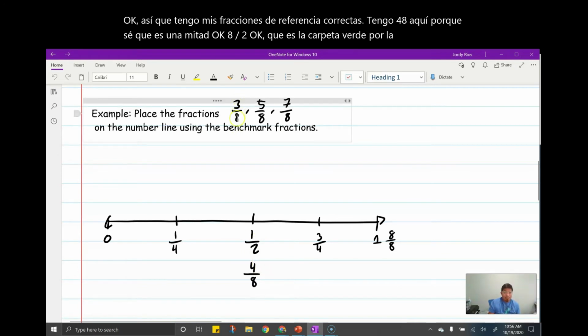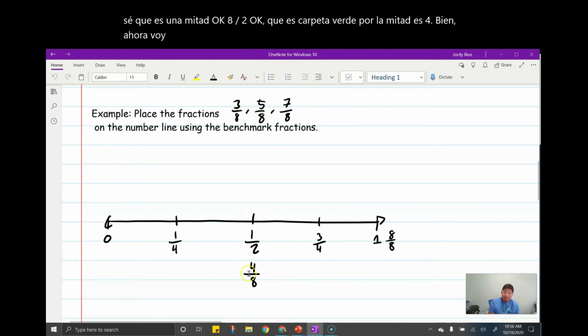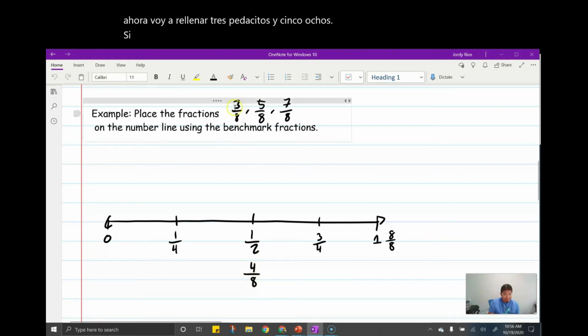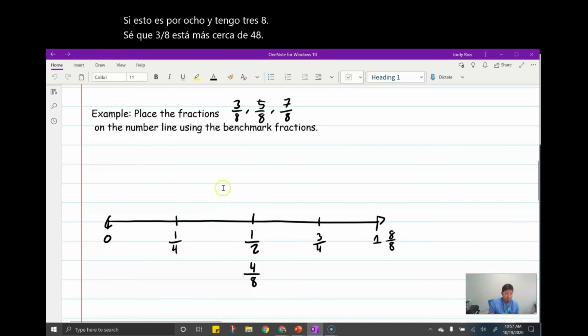Now I'm going to fill in 3/8 and 7/8. If this is 4/8 and I have 3/8, I know that 3/8 is closer to 4/8 than 0. So I'm going to put it right here in the middle. 3/8. Let me do it in a different color. 3/8.